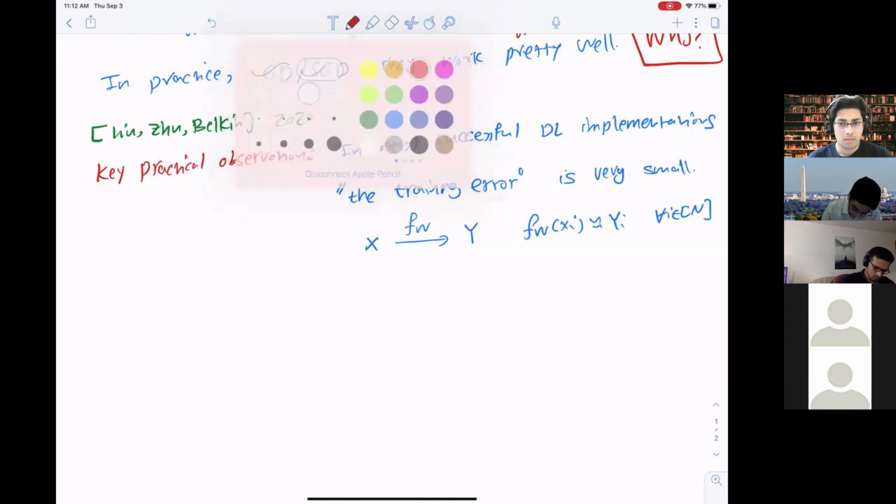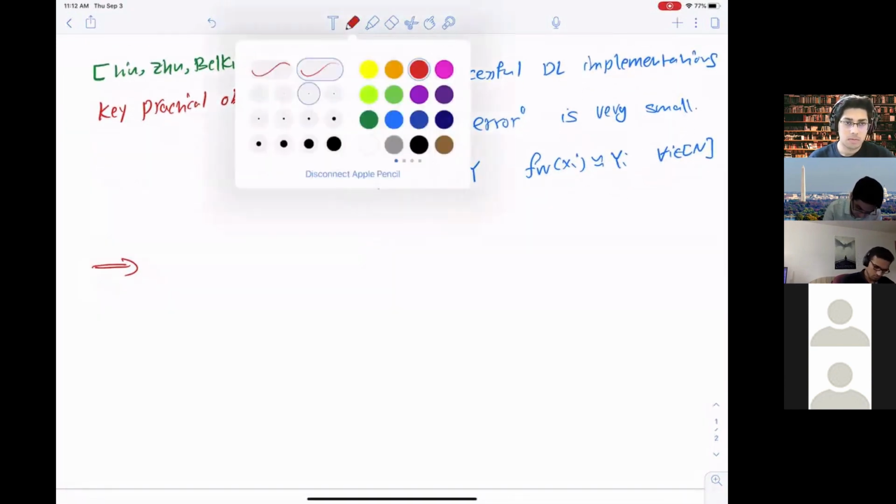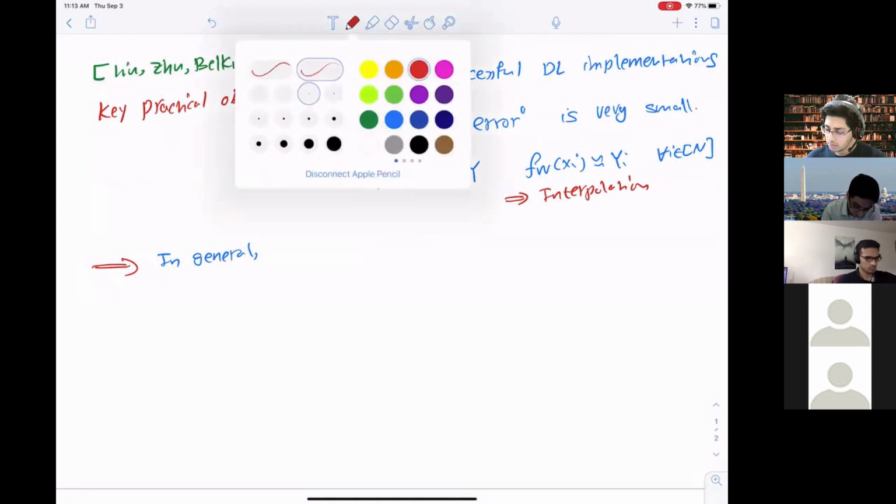So in general, interpolation, when we have a zero training error, is basically interpolating x-y relationships almost precisely using a neural network that I'm using as my model.